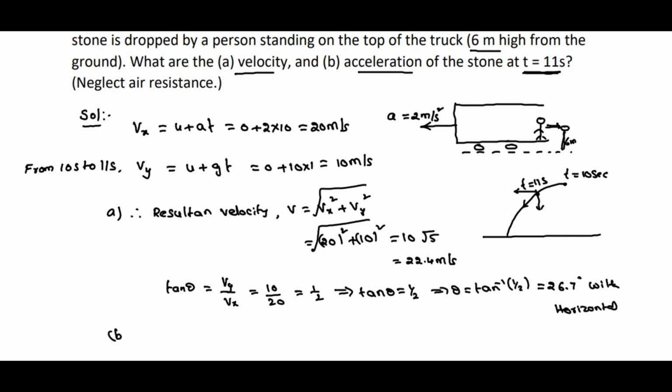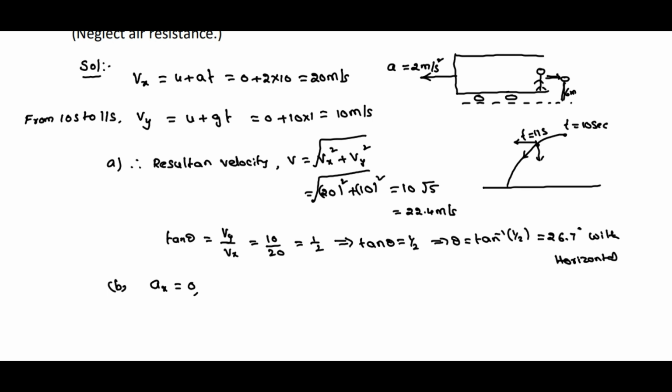While coming to B, acceleration of the stone at t equal to 11 seconds. Here, acceleration along x-axis is 0, but the only acceleration is vertically downwards.